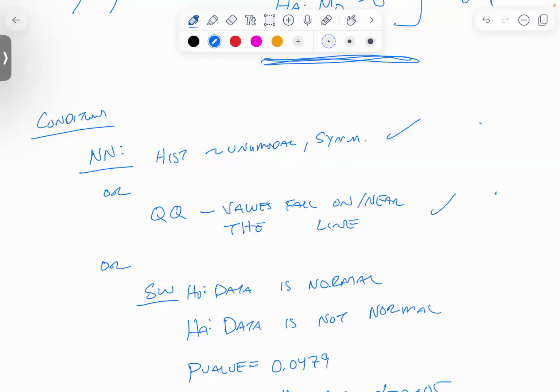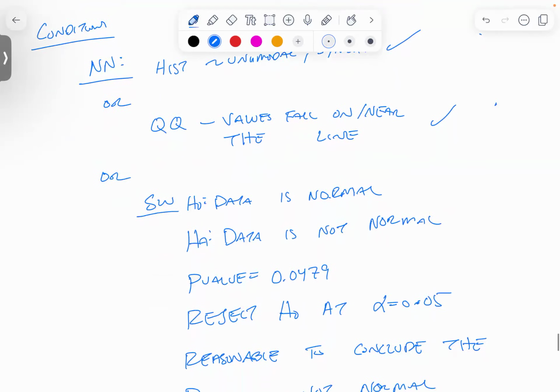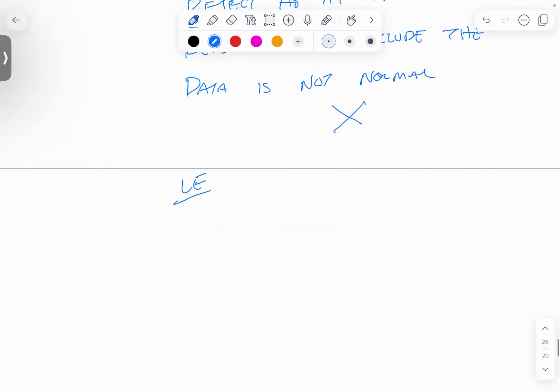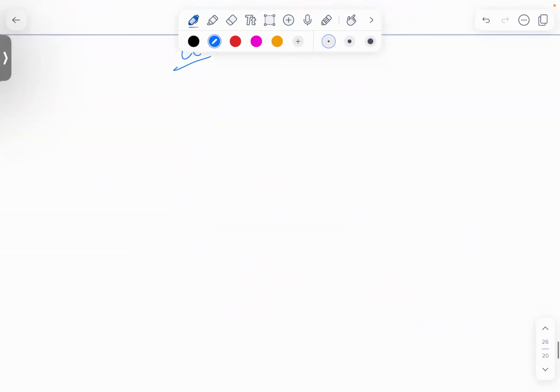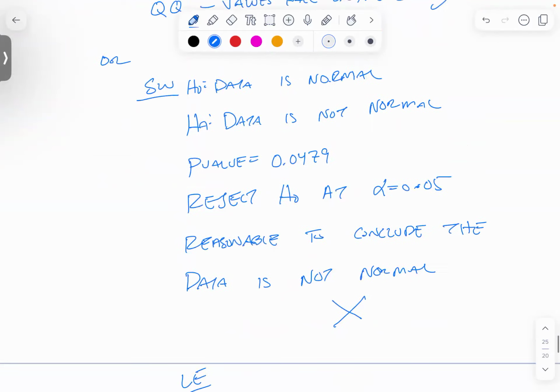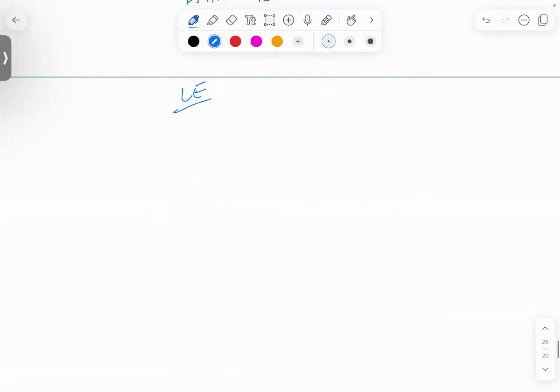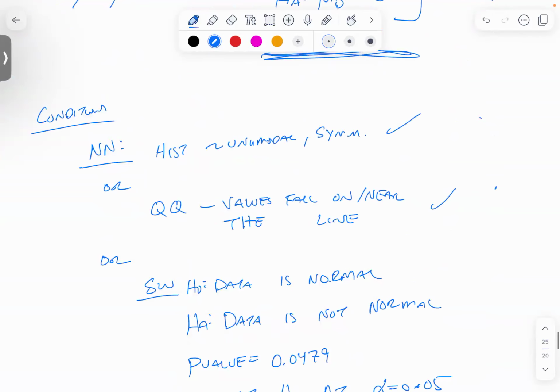That's why we start with the histogram. If you're not sure on the histogram, use the QQ plot. If you're still not sure, then use the Shapiro-Wilk. If all three of those failed, then you do use the large enough condition. But ideally, you should have a pretty good answer prior to that.